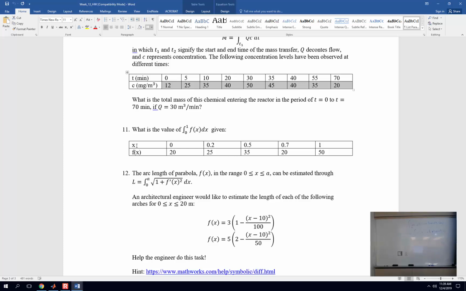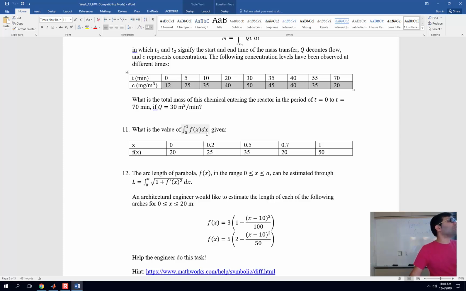Trapz. Define x, define f, and then trapz of x comma f. It's not f comma x, it's x comma f, because that's dx. Will it not work if you put f of x in there? It is going to work, but the values might be different.